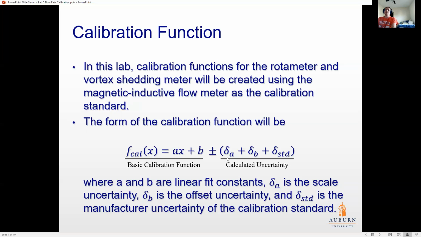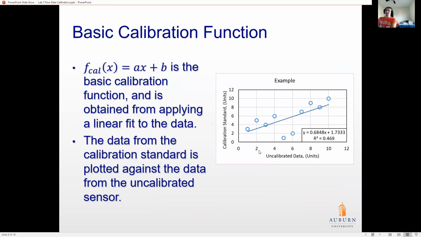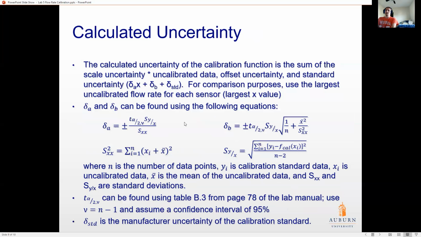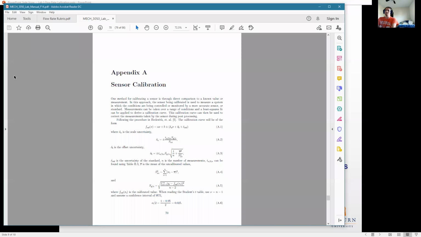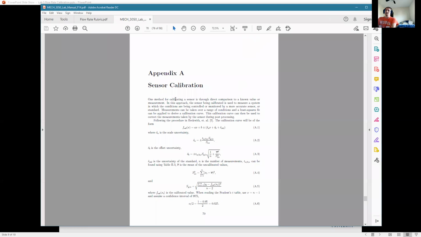Then these del A and del B numbers. These are the equations for them. If you look in your lab manual, there is an appendix. Appendix A has an example of the sensor calibration where we go through those equations.